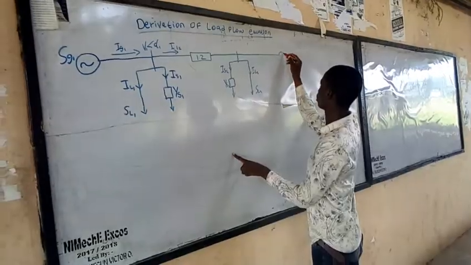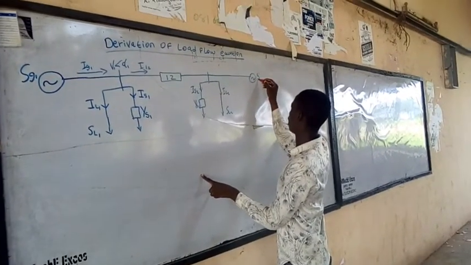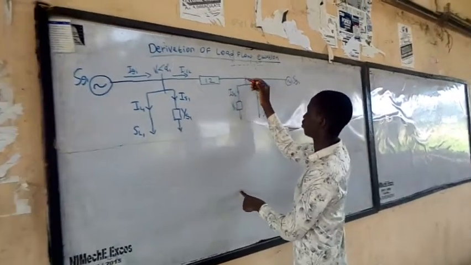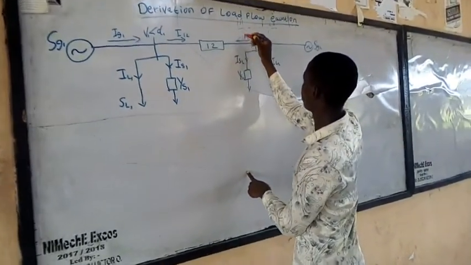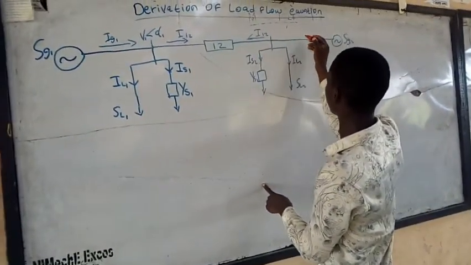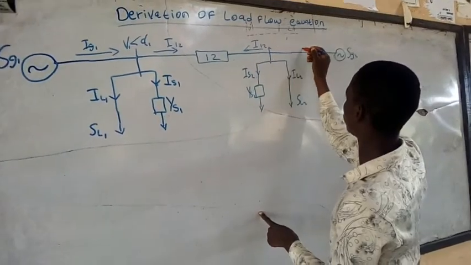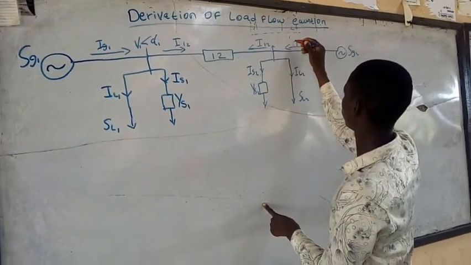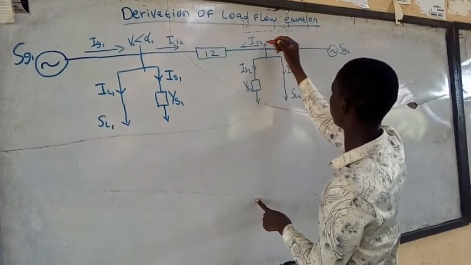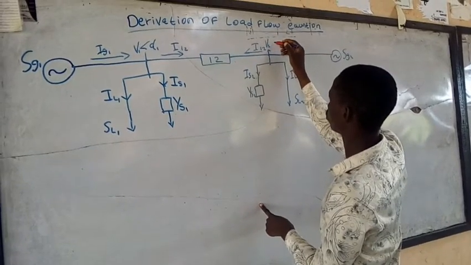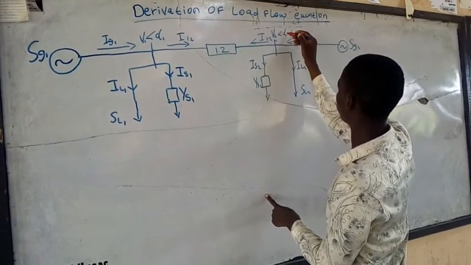Here also we have a voltage known as SG2. From this point here, our I12 and IG1. Then at this point here, we have V2 and V2. Okay?